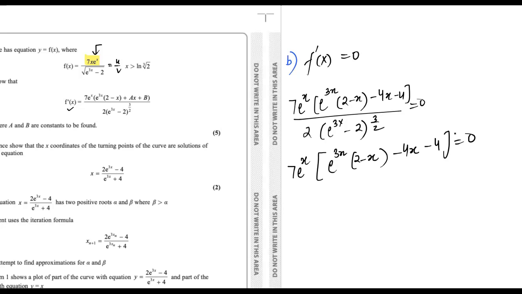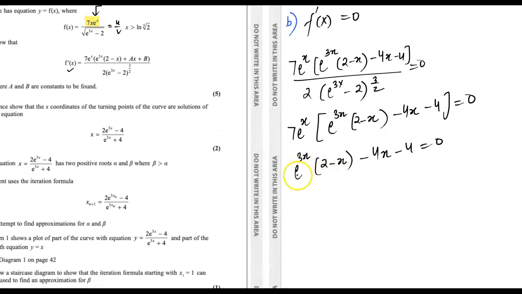Okay. Now we just have to make x the subject, right? So from here we can say e to the power 3x 2 minus x minus 4x minus 4 equals 0. We have to expand this. It would be 2 e to the power 3x minus x e to the power 3x minus 4x minus 4 equals 0.